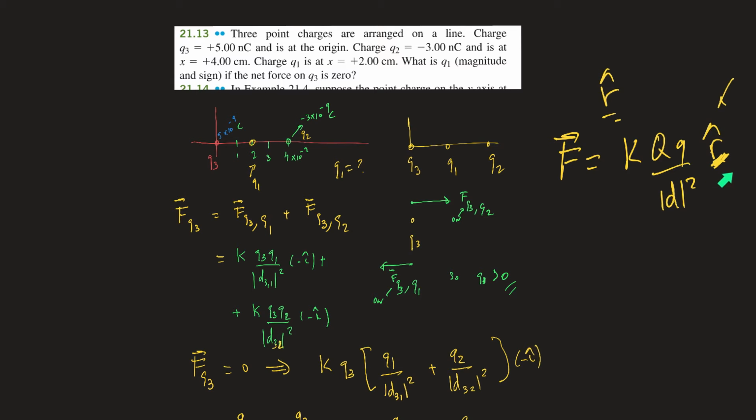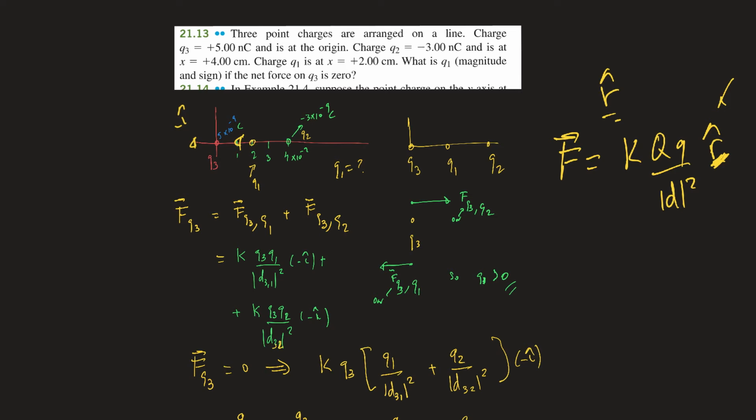the unitary vector R with the cap, this vector will be the vector from the source to the point of observation. So it will be a unitary vector in this direction. So this is the vector, minus i.